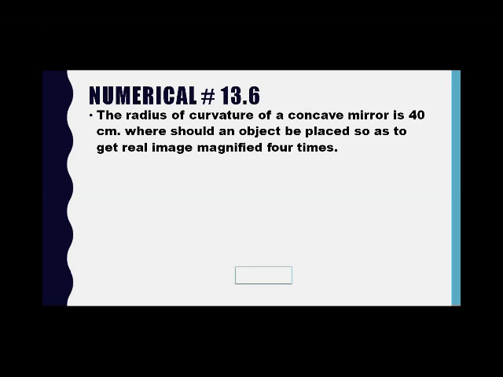Where should an object be placed so as to get a real image magnified 4 times? Again, I am repeating it so you understand the question: the radius of curvature of a concave mirror is 40 centimeter. Where should an object be placed so as to get a real image magnified 4 times?